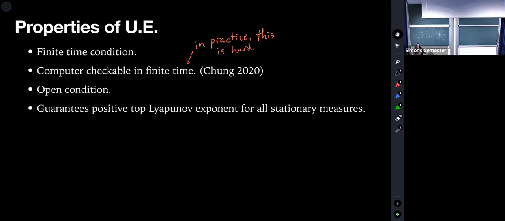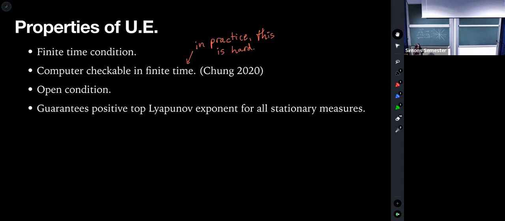This ends up being very useful. You know, in dynamics, very often we're looking at limiting processes, and those things are hard to deal with, right? If I'm going to compute the Lyapunov exponents, I'm going to usually have a bad time. And being able to know things about the Lyapunov exponents or know things about my dynamical system in finite time is very useful. So it's a finite time condition.